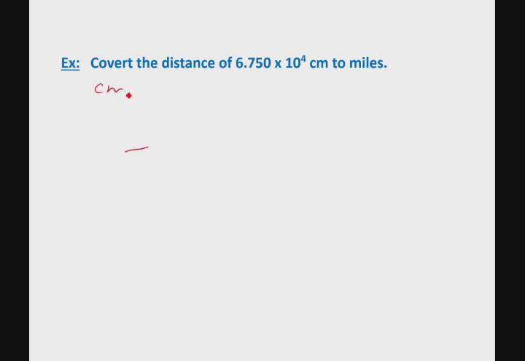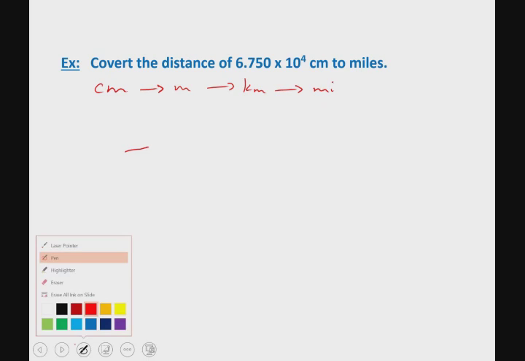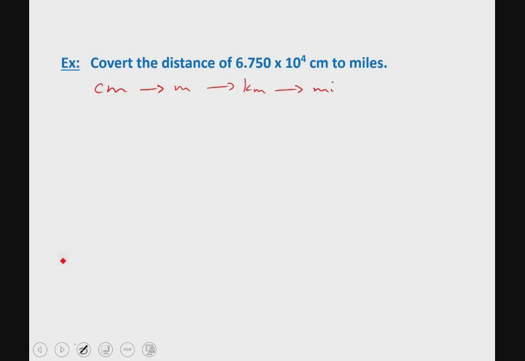So here we need to convert centimeters to miles. We could either go from centimeters to meters to kilometers to miles. We can definitely do that. We could also convert centimeters to meters to inches to feet to miles. You can take any of those paths as long as you know the individual equality equations relating the units that you are converting between.